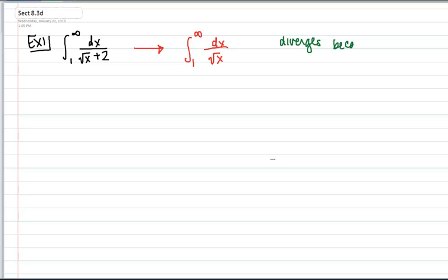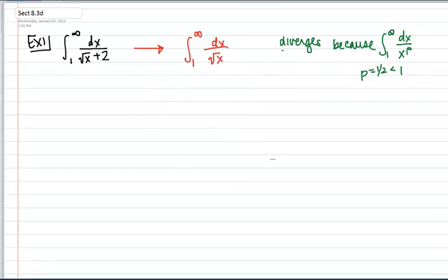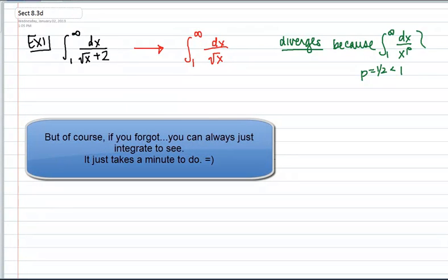because it's of that form, 1 to infinity of dx over x to the p, where p equals 1/2, which is less than 1, so I know it diverges. Okay, now if you did not remember this part of it, what could you have done?